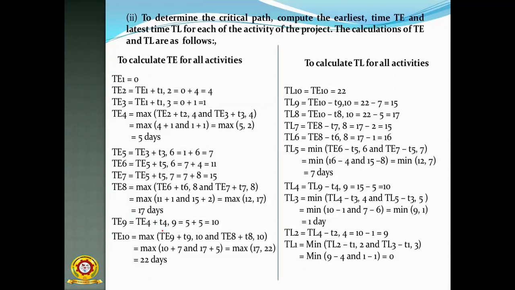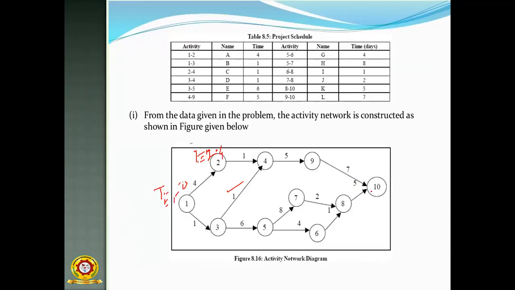After that, to calculate the TL for all activities, it is vice versa, in reverse. Suppose they are showing only up to this one.